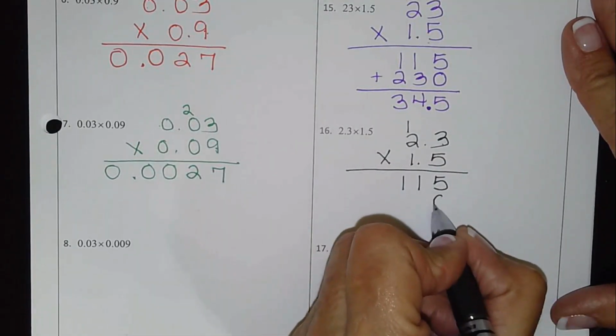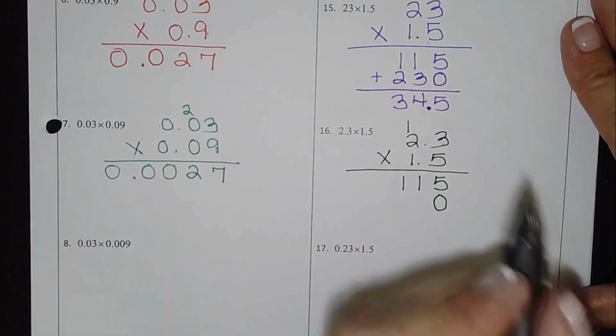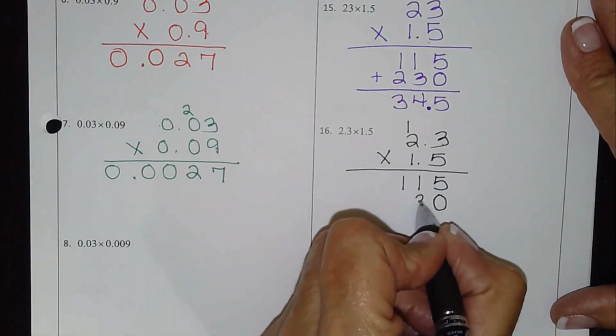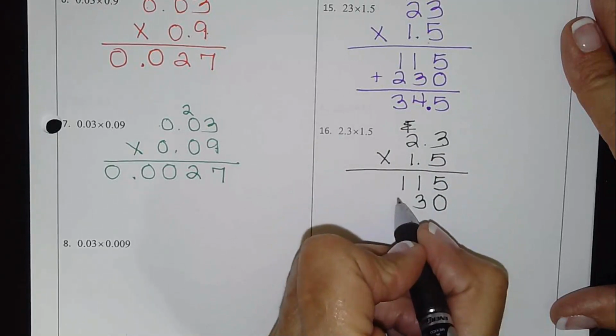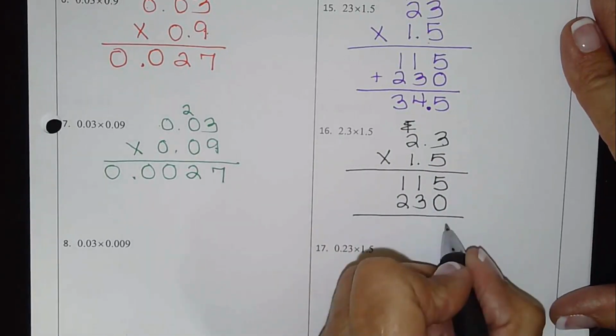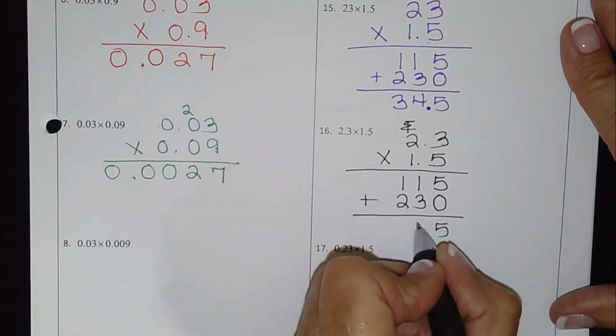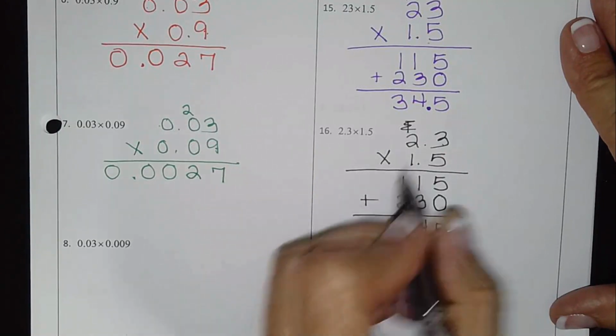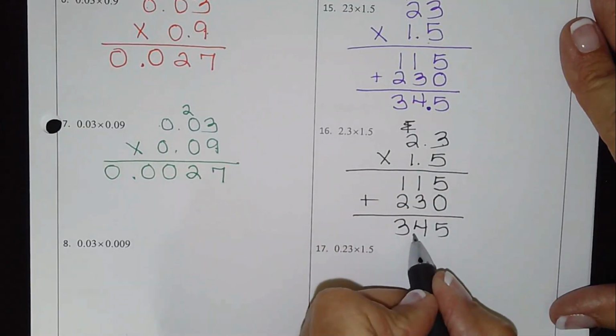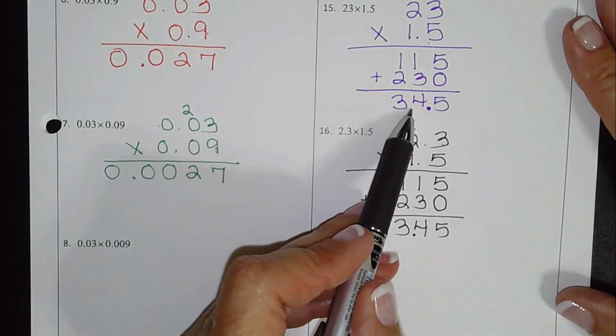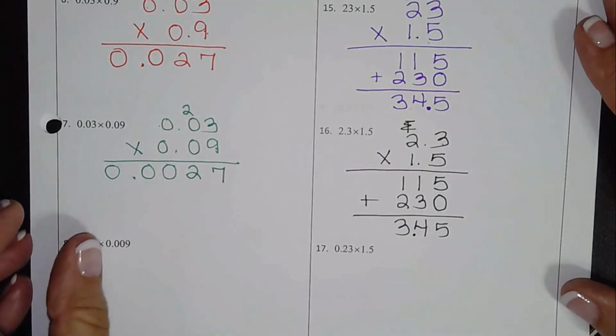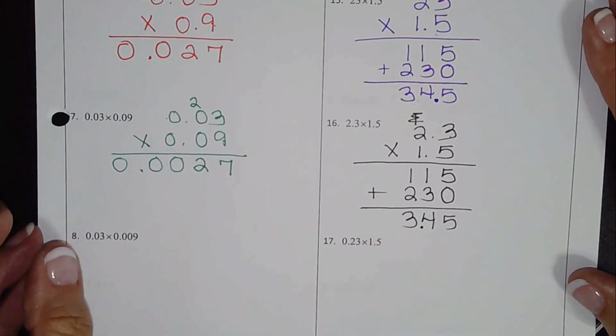Second row, bring down your 0. 1 times 3 is 3. 1 times 2 is 2. 5, 4, 3, and this one will have 2 decimal places, so just as we predicted, it was this answer but with 2 decimals, so 3 and 45/100ths.